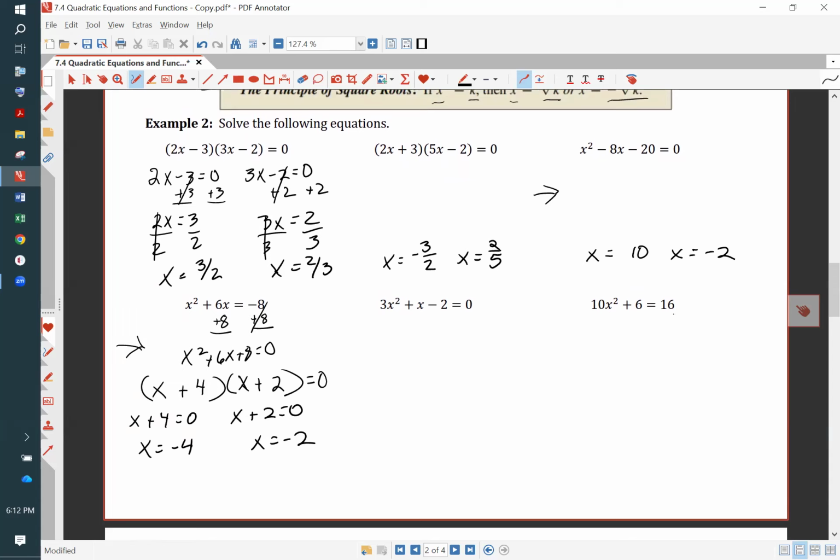Again, I'm going to work the second problem here, this one, because it's just harder. Okay, so we're going to subtract 16 from both sides. Uh-oh, I got a typo there. This is a 6x.